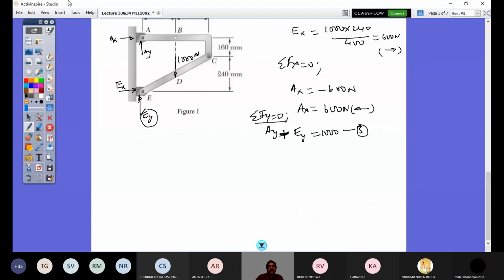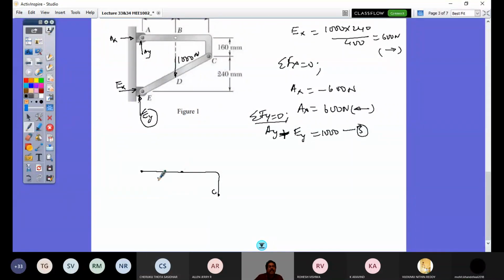So let me now consider my two force member, which is ABC. This point is A, this point is B, and this point is C. And at point B there is no force. Here I had AX as 600, so let me put that here. I'm taking it now with the correct sense.